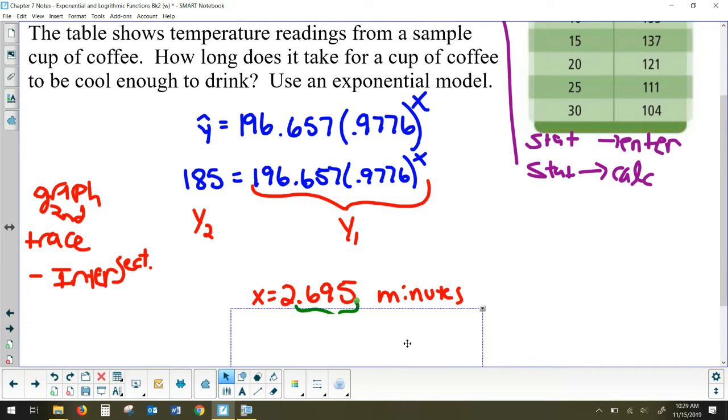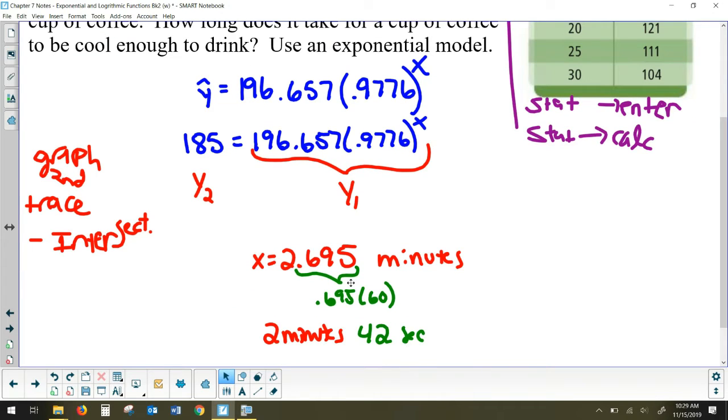I don't know why I wrote 5. That's just how it was. Change your 0.65 into seconds, 2 minutes and 42 seconds.